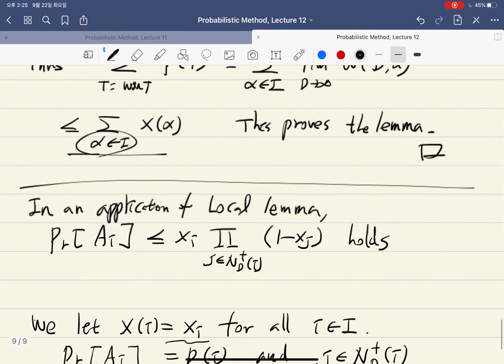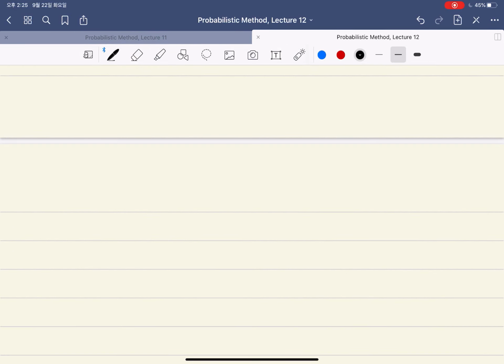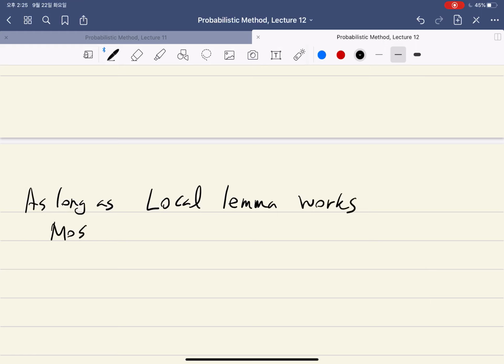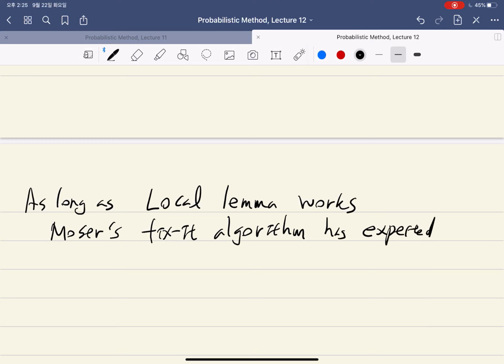That means as long as the local lemma works, the previous lemma implies that the modulus fixed algorithm has expected length of the log at most the summation of xi.